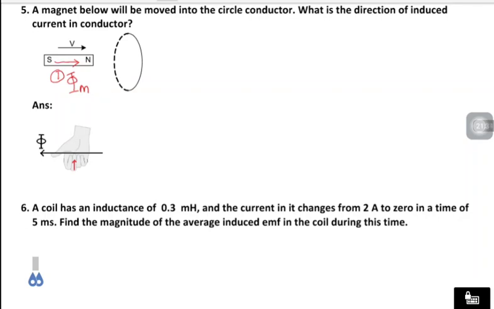Okay, then we look at whether the magnet becomes closer or farther, so we see the magnet becomes closer, near to the wire.